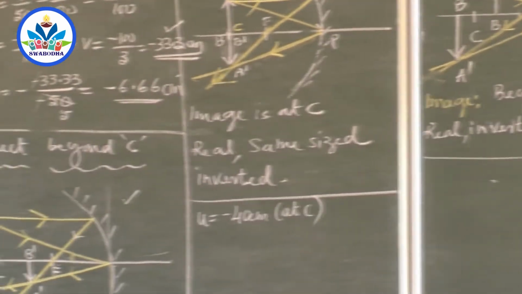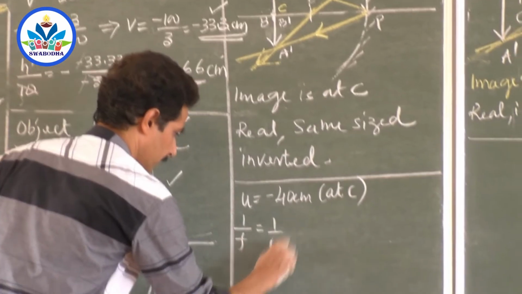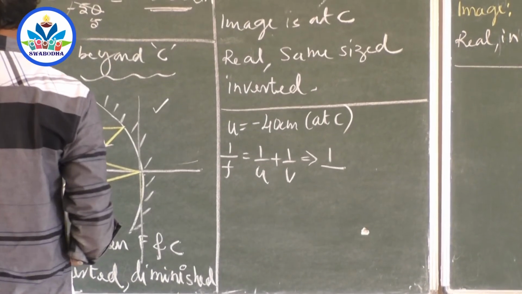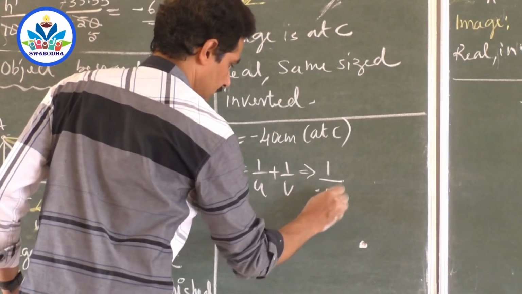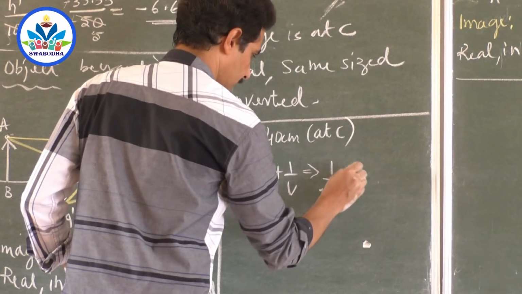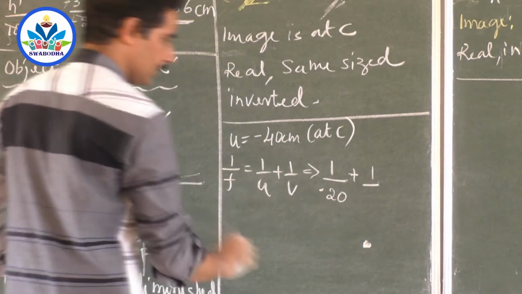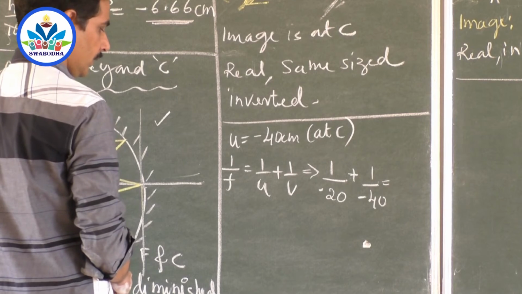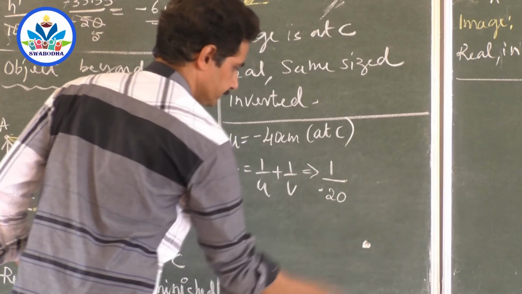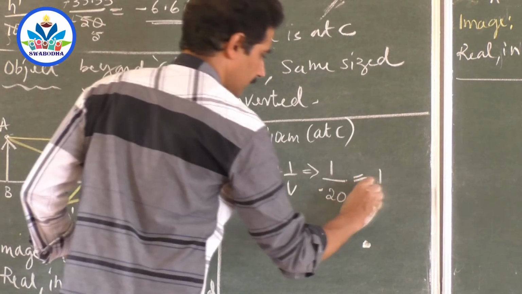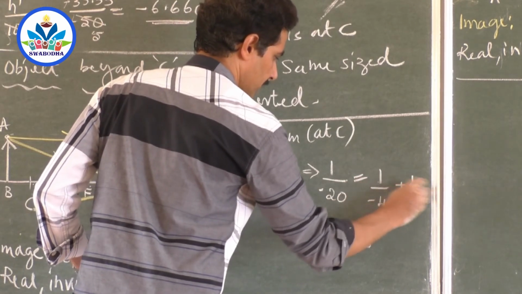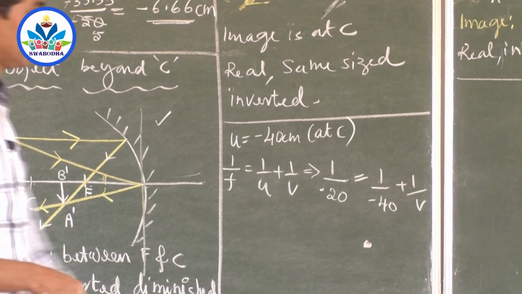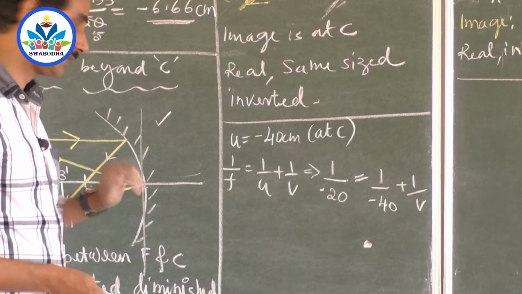Okay, apply the formula. 1 by F is equal to 1 by U plus 1 by V. That implies 1 by focal length. Focal length we have taken already, it is minus 20. 1 by U is negative, minus 40 at C. So you surely know that V should be negative, and V should be same as 40, because object distance and image distance are same in this particular case.